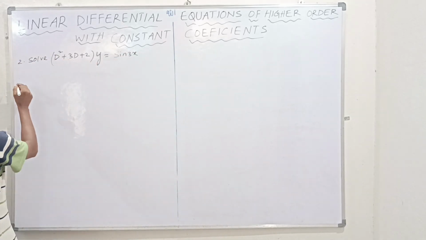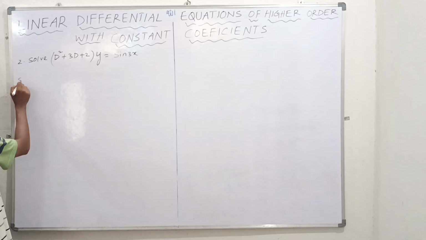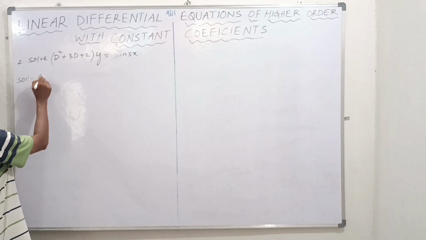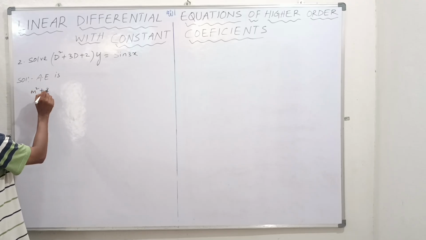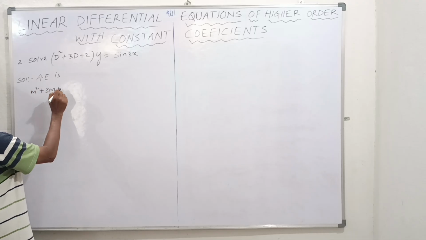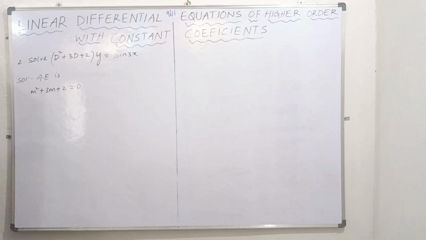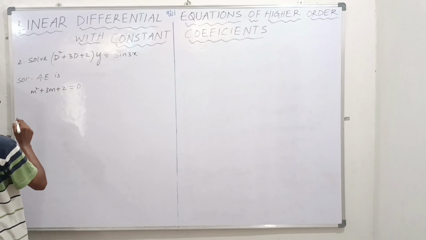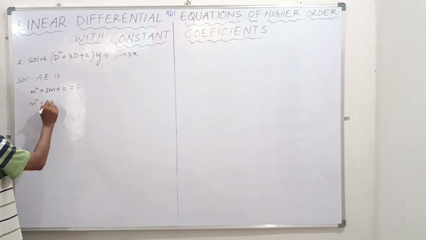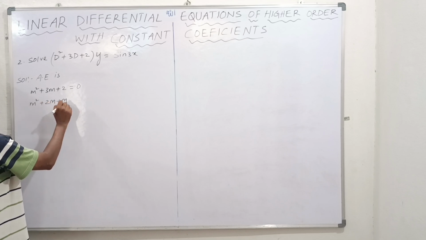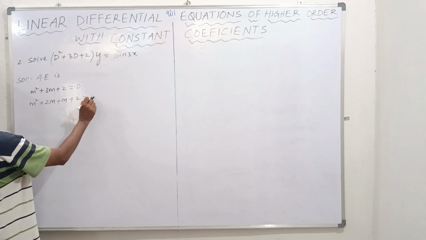Okay. So first we will write down the auxiliary equation. So what is the auxiliary equation? So the auxiliary equation is m square plus 3m plus 2 is equals to 0. So therefore m square plus 2m plus m plus 2 is equals to 0.